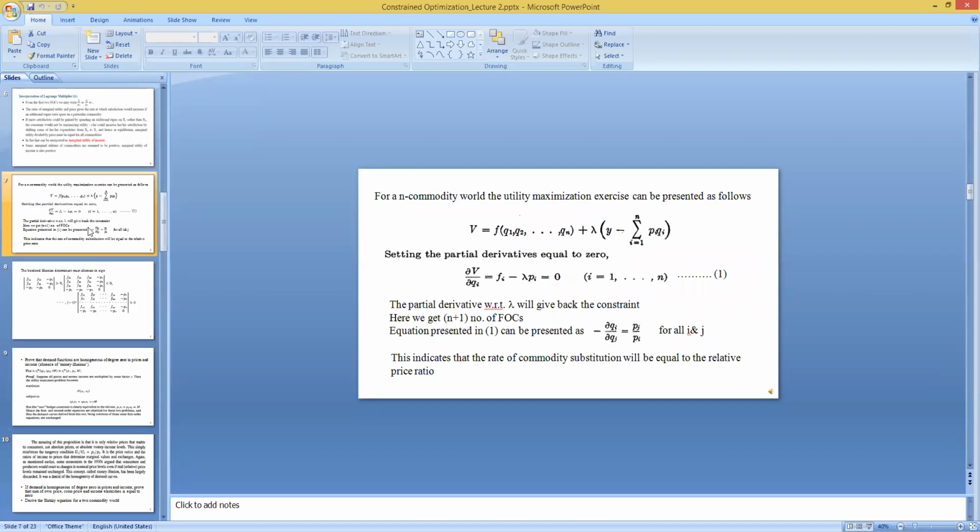This is an extension of the same thing. So by this time, you check these conditions and try to understand how we are getting ultimately the n equations. First, we will get n plus 1 equations, because n equations in terms of n first order conditions for n commodities, and then the income constraint.